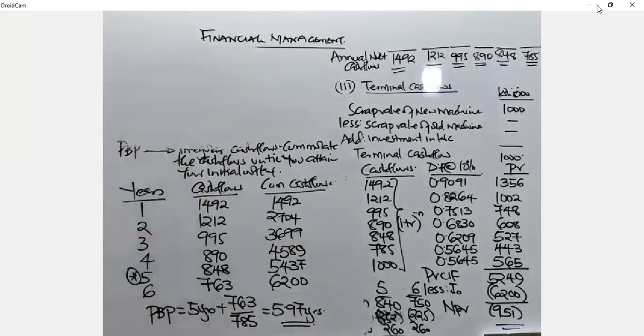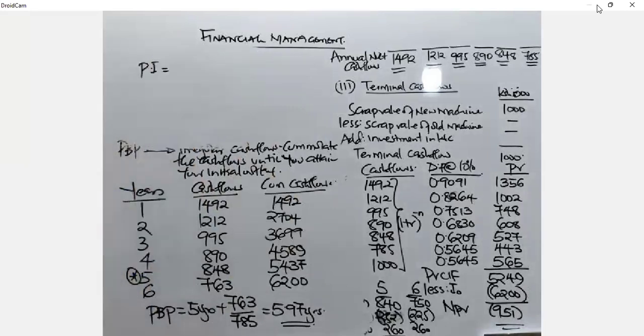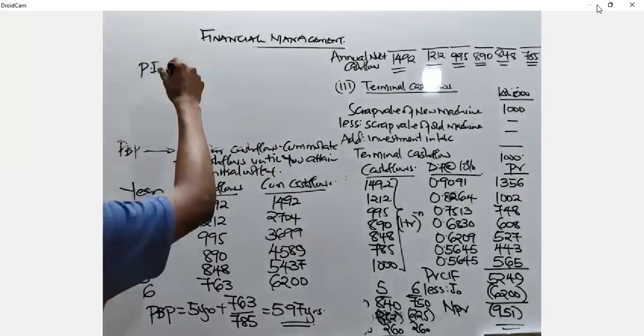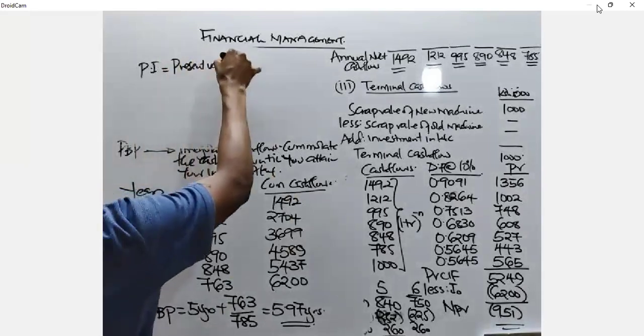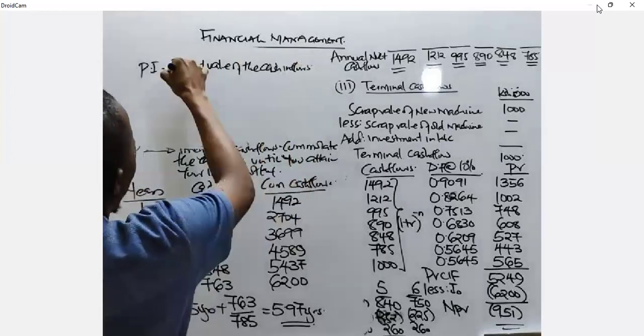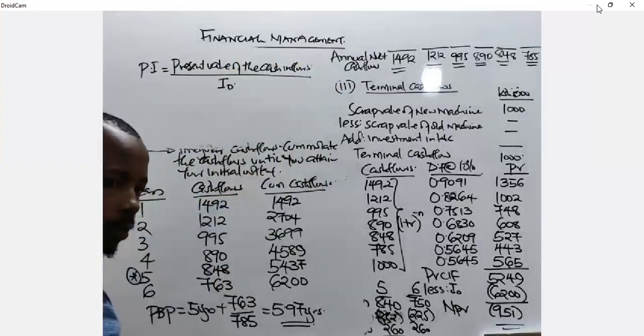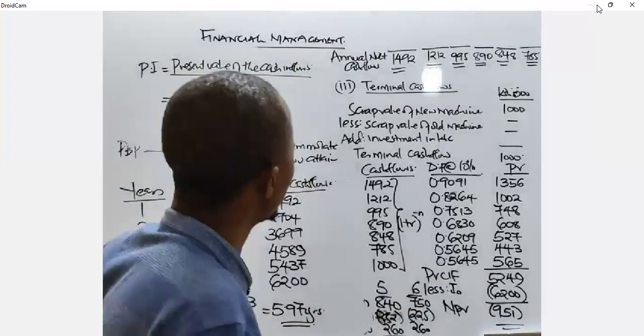If this examiner was asking you to calculate the PI, the profitability index, what will it be? You take the present value of the cash inflows and divide it by your initial outlay. You have gotten the present value here, which is 5249.